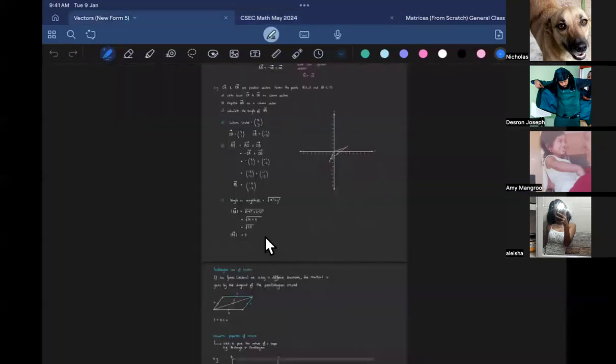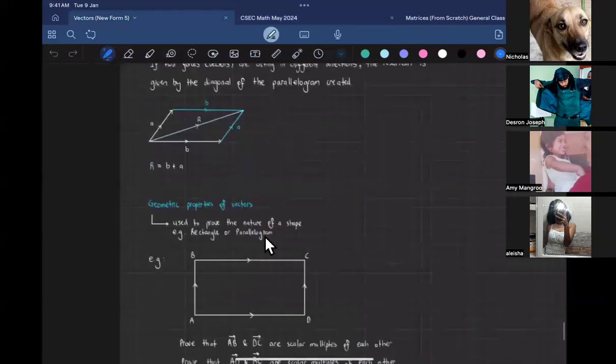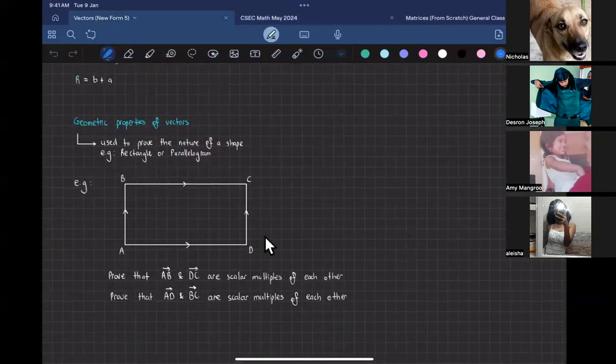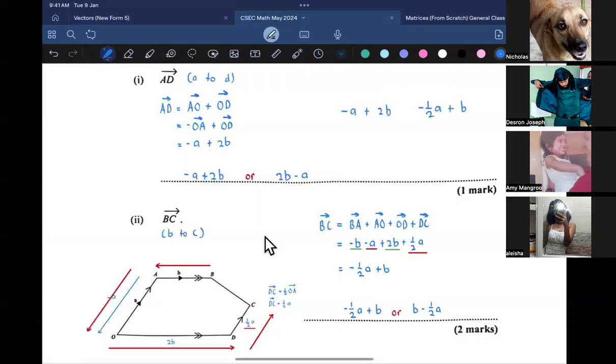This question relates to the last thing we did. We did geometric properties of vectors, and we talked about how any vectors that could be written as scalar multiples of each other would be parallel. And just by looking at it, right? If I connect A to D, this is A to D. You find A to D and B to C pointing in the same direction, like they are parallel.